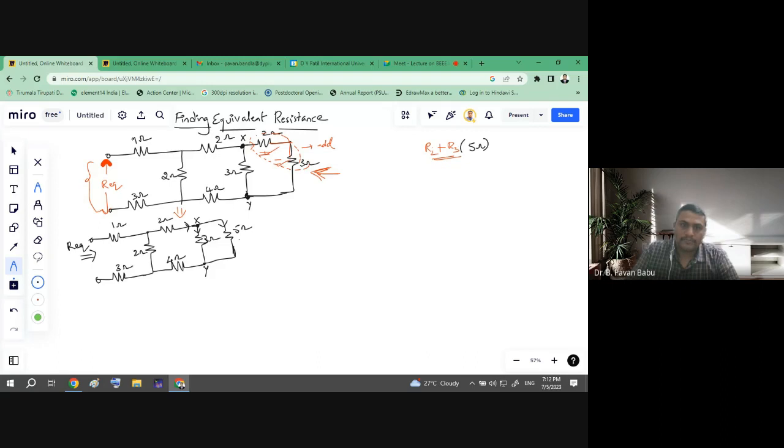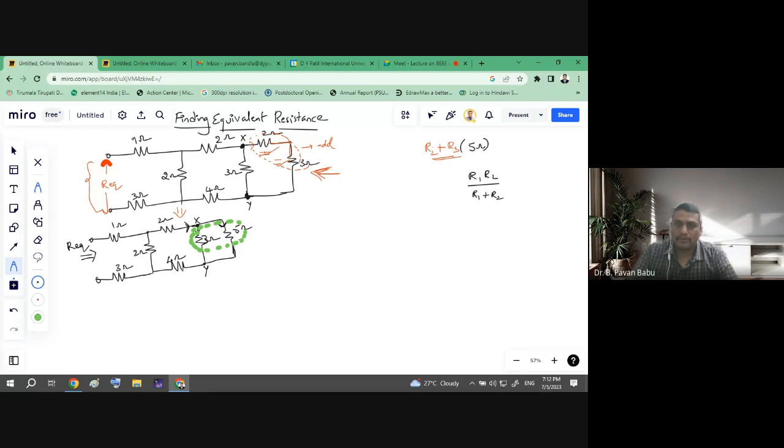An incoming current at this node is going to divert into the 3 ohm resistor and the 5 ohm resistor respectively. So how do we find the equivalent resistance of two resistors connected in parallel? R1 R2 by R1 plus R2.